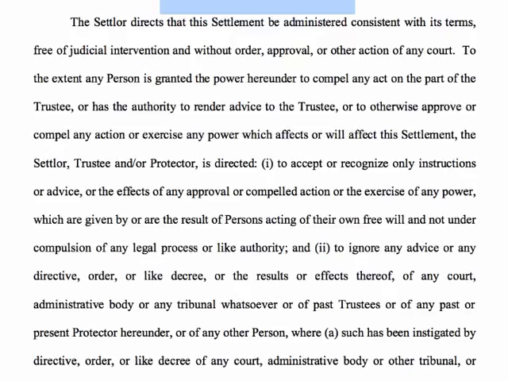To the extent any person is granted the power hereunder to compel any act on the part of the trustee, or has the authority to render advice to the trustee, or to otherwise approve or compel any action or exercise any power which affects or will affect this settlement, the settlor, trustee, and or protector is directed to do two things. First, the one little i, to accept or recognize only instructions or advice, or the effects of any approval or compelled action, or the exercise of any power which are given by or are the result of persons acting on their own free will and not under compulsion of any legal process or like authority.